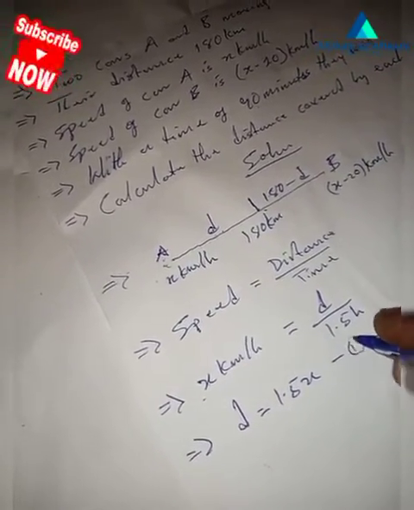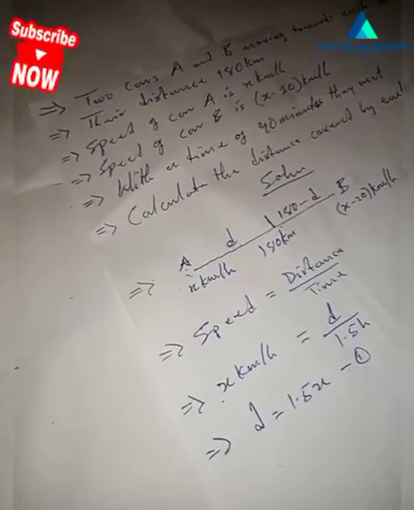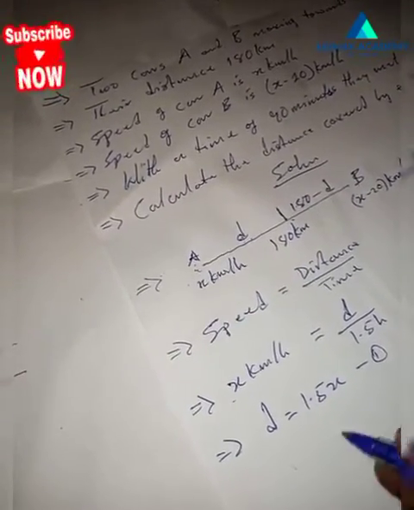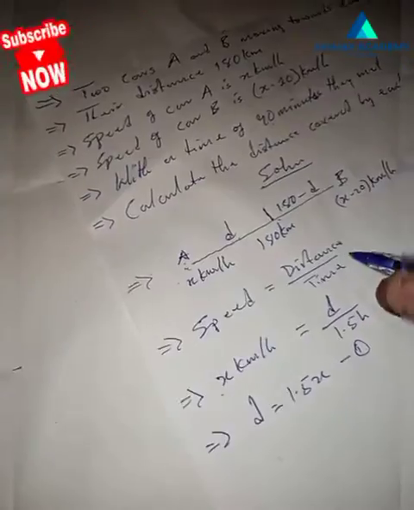Then let's look at car B. We know that speed is equal to distance over time.